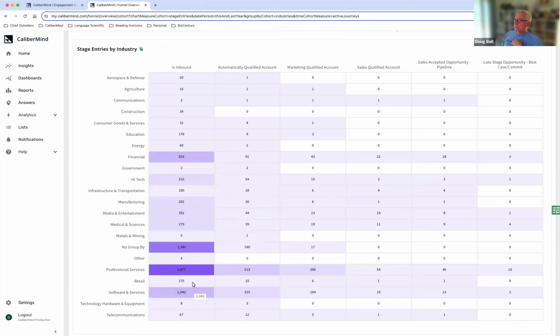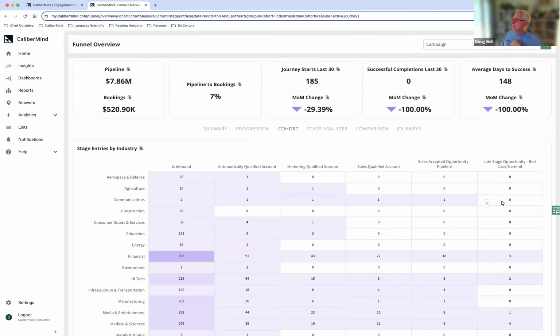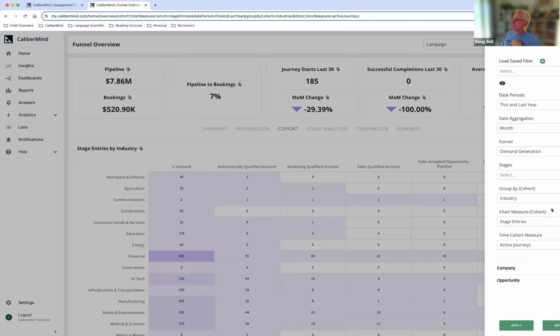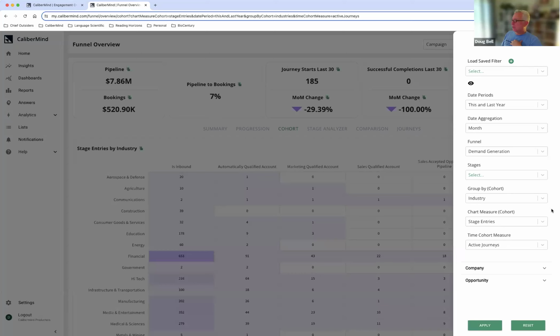So what I'm seeing here is that gross volume at the top of the funnel. I'm getting a feeling for how my financial, professional services, and software and services are progressing. These are exactly the groups I want showing up at the top of the funnel. But I really want to understand how these are converting.